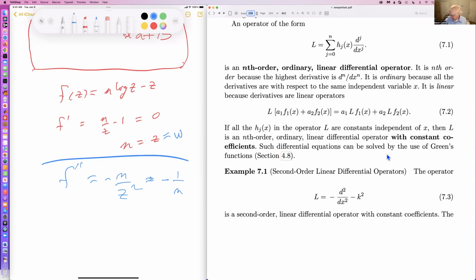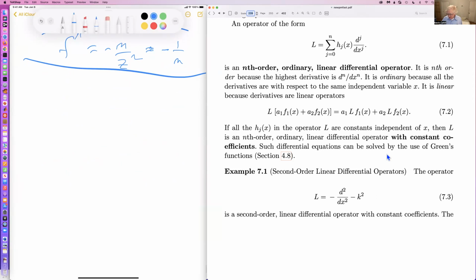In fact, I can sort of remind you of what that would be. What we want is that the sum, let me try to use the same notation, of a_j d^j/dx^j acting on g of x minus y be delta of x minus y. So this is the Green's function.